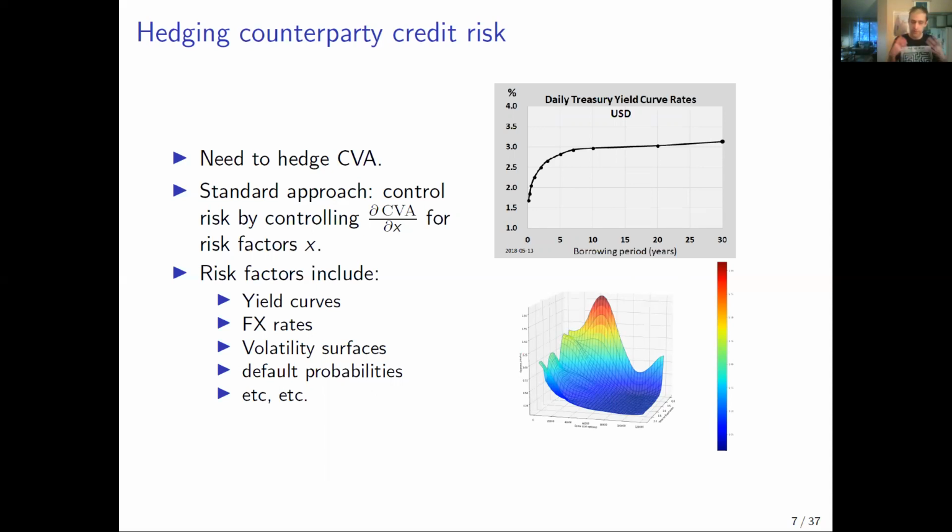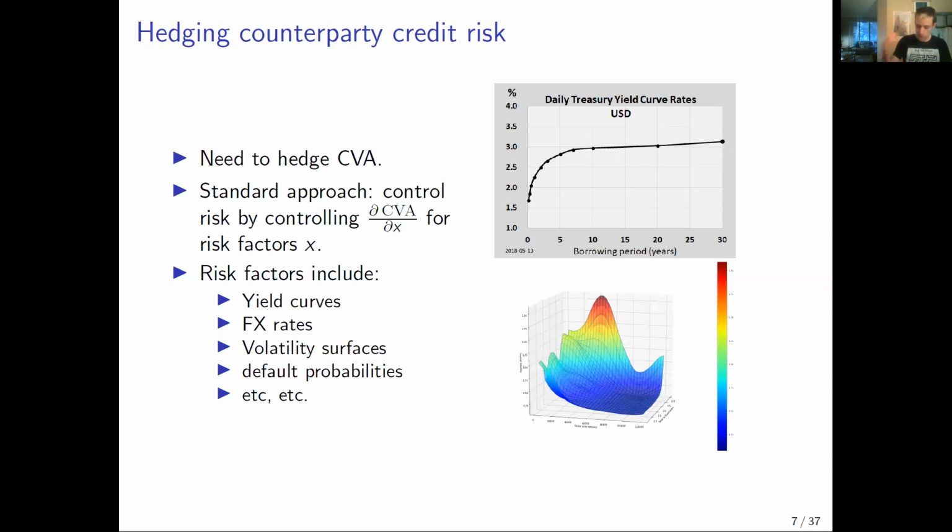So the standard approach to this is, we take the CVA which we computed previously, and we compute its partial derivative with respect to various market risk factors, which might include yield curves describing current and future interest rates, or FX rates, or volatility surfaces describing option prices, and so on.